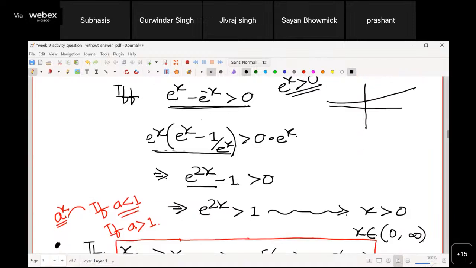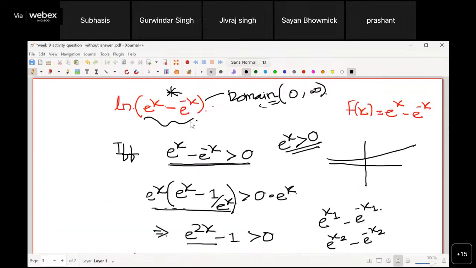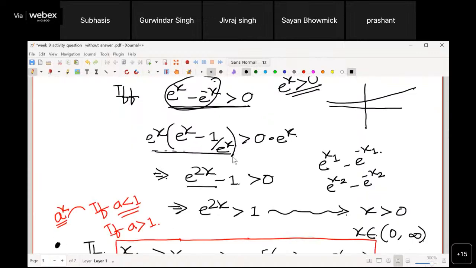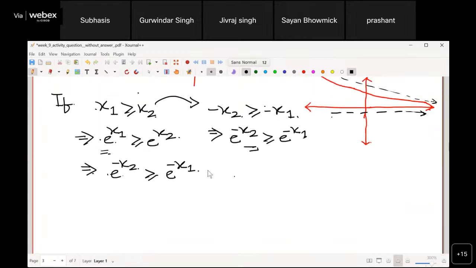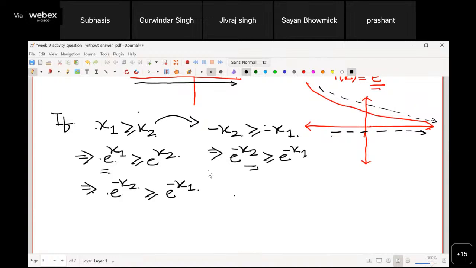So basically I want something like e power x1 minus e power minus x1, and something like e power x2 minus e power minus x2. Then I can come somewhere near to this thing. So till now this is fine, right?